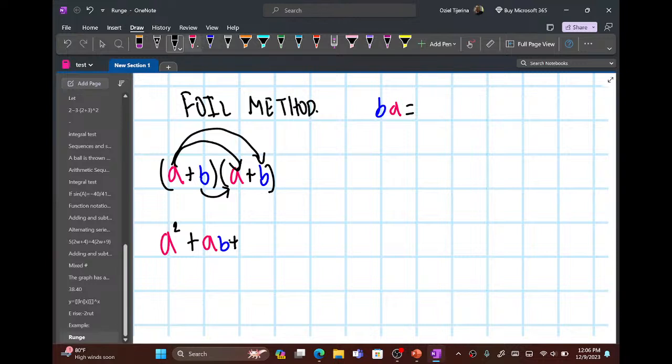It is the same thing. I always forget whether this is the commutative or associative property, one of those. So plus AB plus AB, plus b squared.